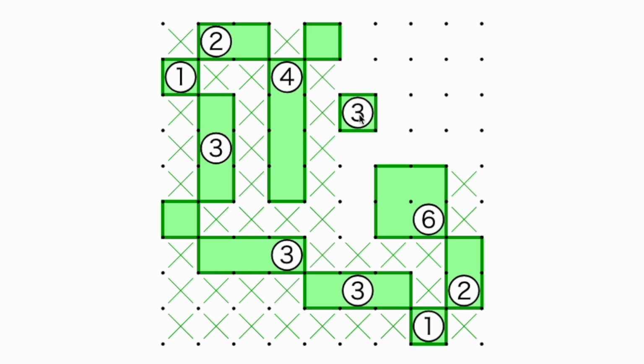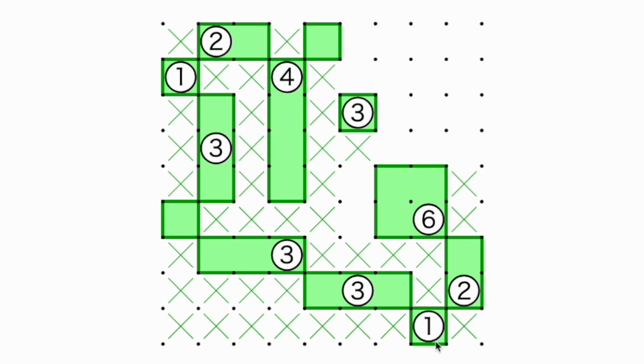What can this 3 do? It can't come south, because if it did, that bounds this rectangle in both directions. It can't grow larger, and it needs to become a 6. So this does not go south.